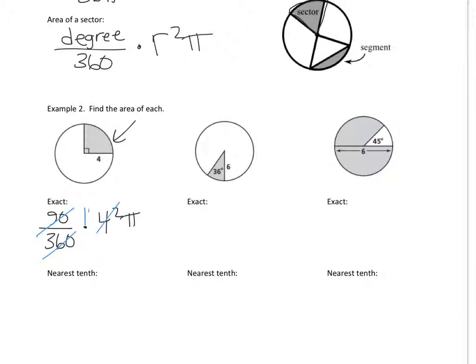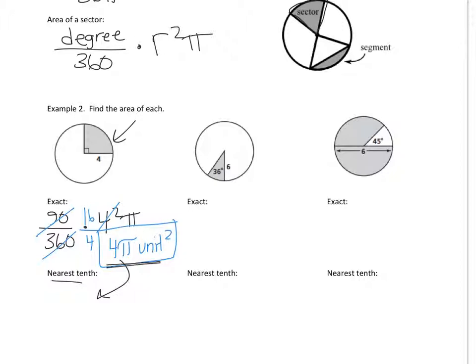This is 16, so it's 16 over 4, which is 4 pi units squared. To find the nearest tenth, put this in your calculator and round it to 1 decimal.